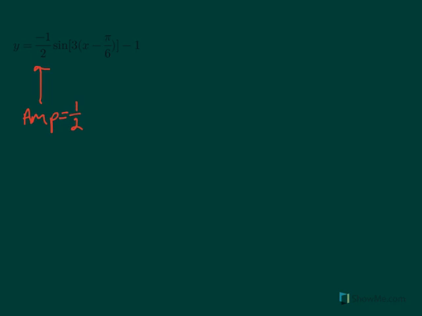We also have a b value, and the b value is going to change the period of the function. We'll want to do that first so we can set up our scale. We're going to have a c value that's going to be our phase shift. It looks like it's going to go pi/6 to the right.